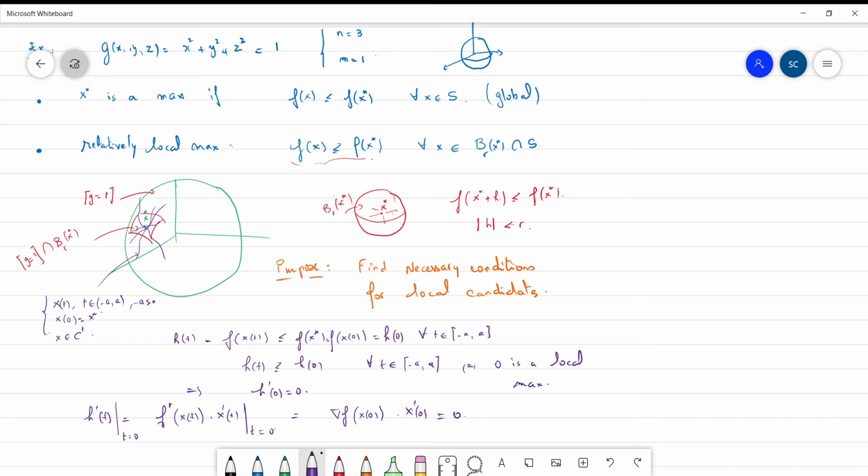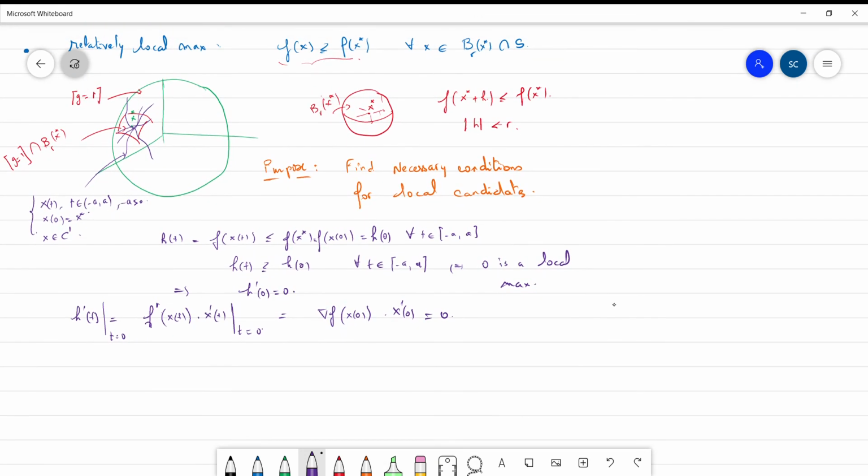This is what we showed. That means if we have a candidate point for optimality, for example local maximality, necessarily it will satisfy this equality. But it mustn't depend on this function x.